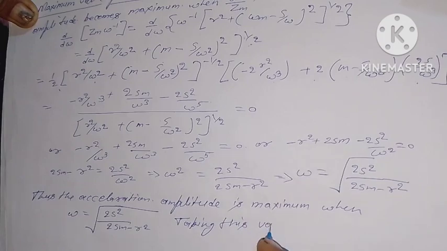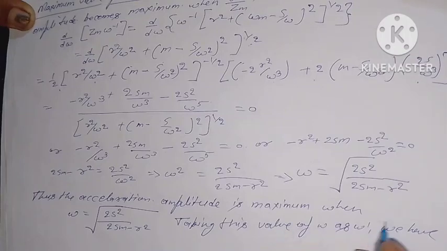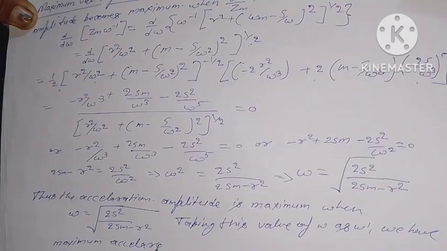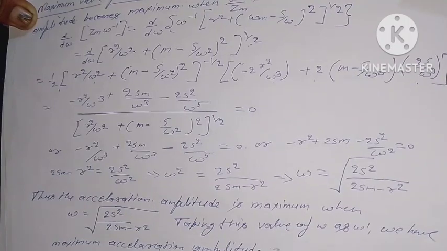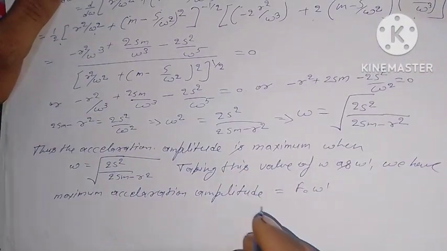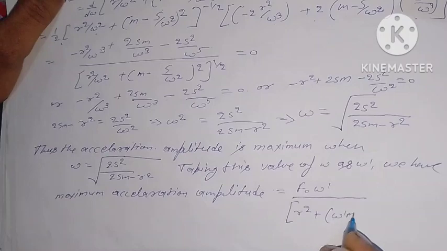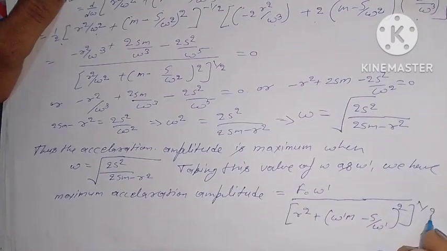Taking this value of omega as omega dash, we have maximum acceleration amplitude equal to f naught omega dash whole upon r square plus (omega dash m minus s by omega dash) whole square, whole to the power 1 by 2.